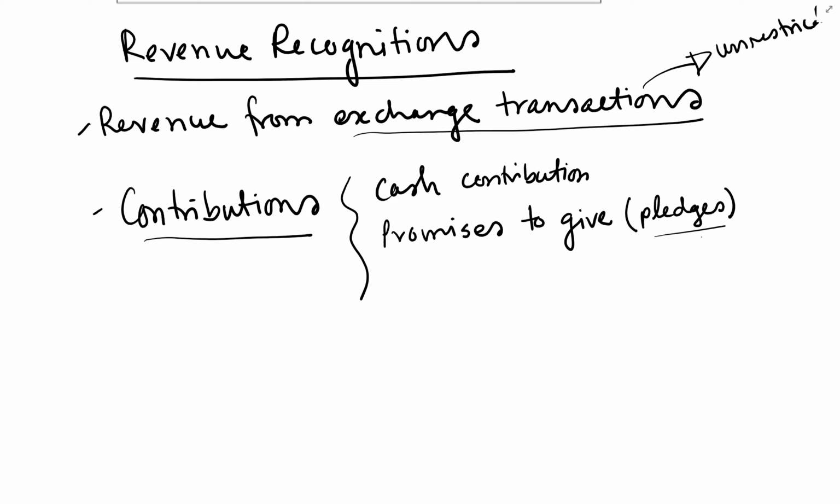On the other hand, if the voluntary service does not require any specific skills and knowledge, and is not increasing the value of any long-term assets, then the not-for-profit organization does not need to record or recognize it. They will just disclose it as a footnote.